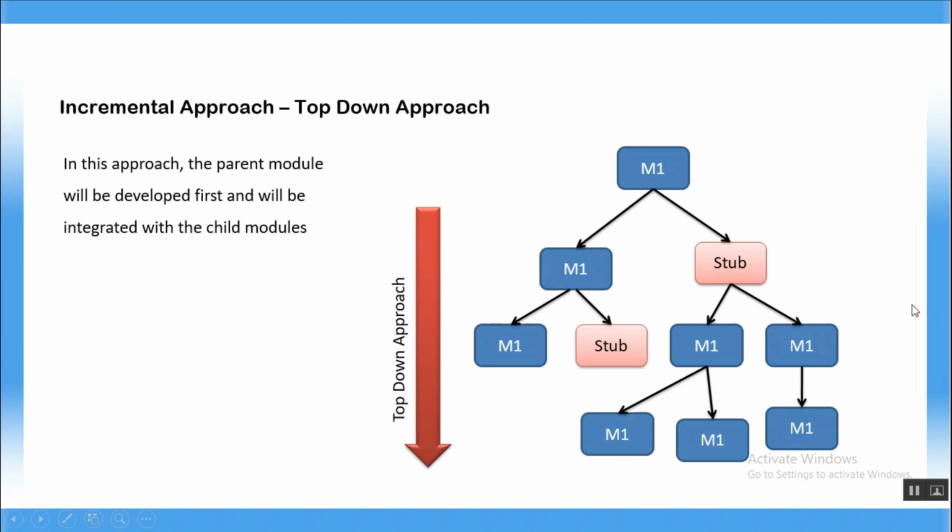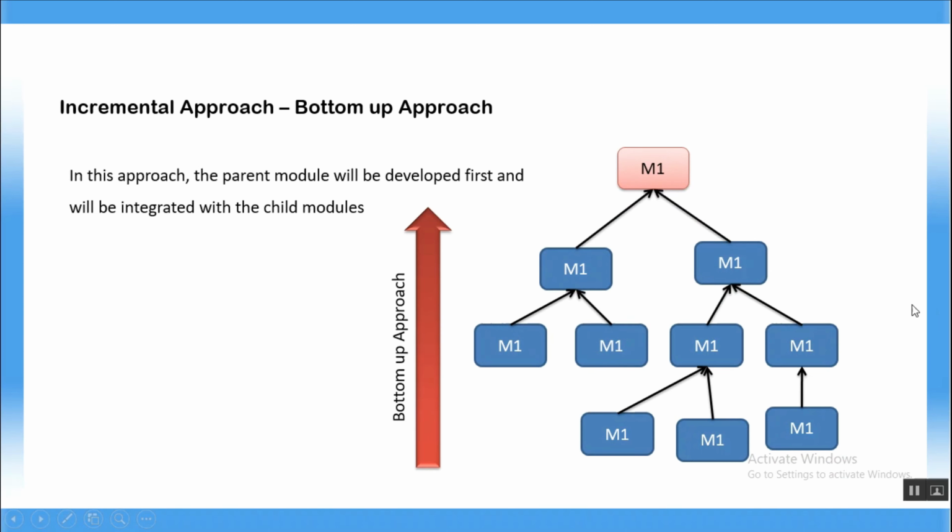Now, coming to the bottom-up approach. In this approach, child modules will be developed first and then integrated back with the corresponding parent module. While integrating the modules in bottom-up approach, if any mandatory module is missing, then that module is replaced with a temporary program called a driver.